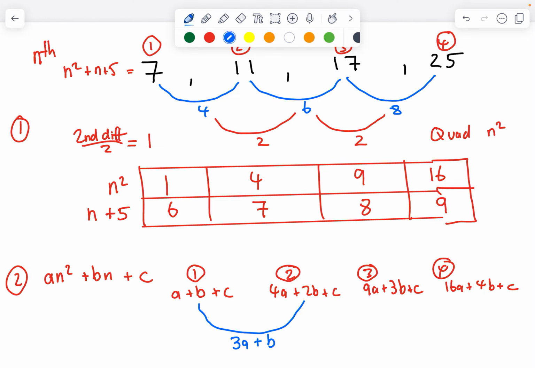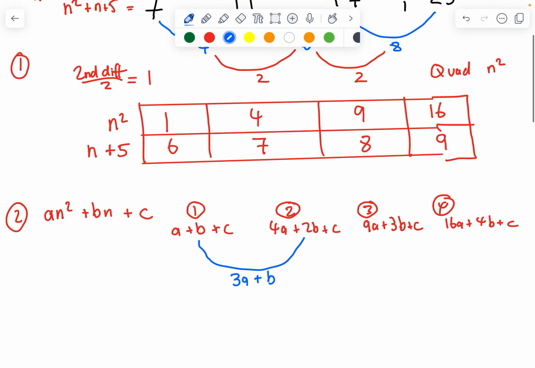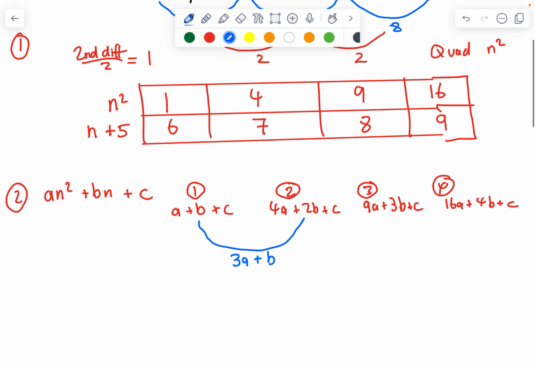So when I subtract them, I've got 3a plus b. And then for this one, I've got 5a plus b. Now how about the second difference? If I do the second difference, it's just 2a.